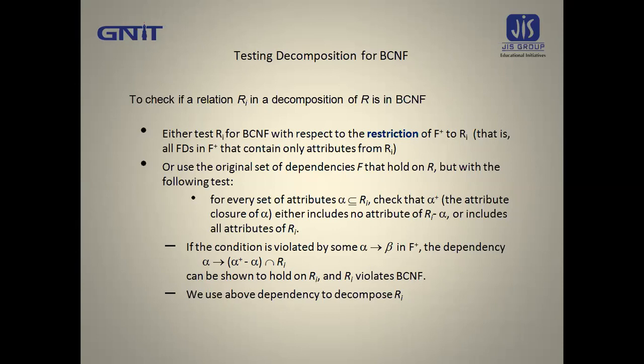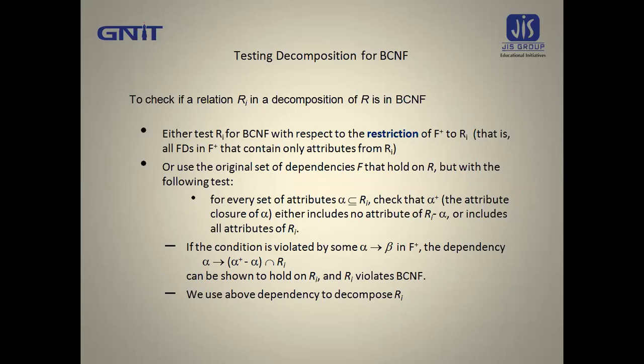So we either test Ri with respect to the restriction of F plus to Ri, or we can use the original set of dependencies capital F that holds on R, but with the following test.